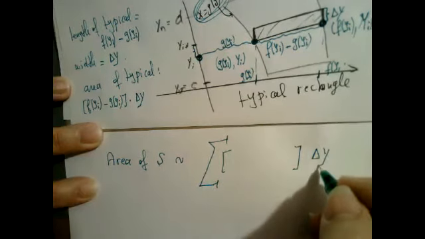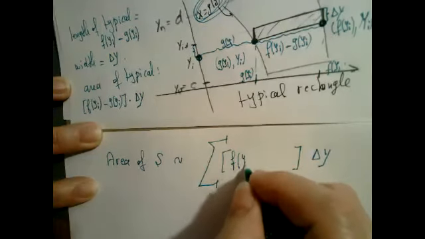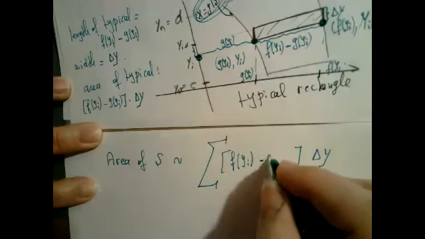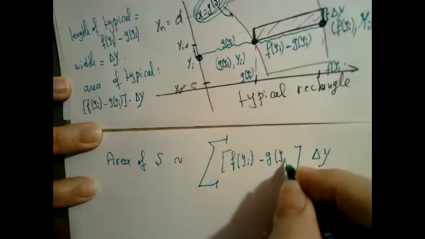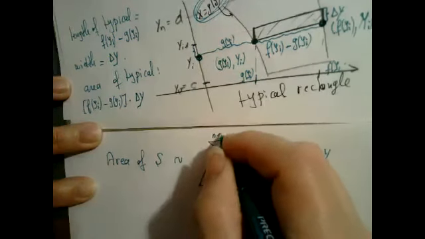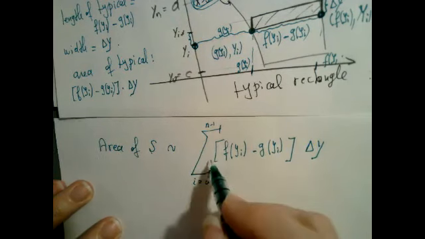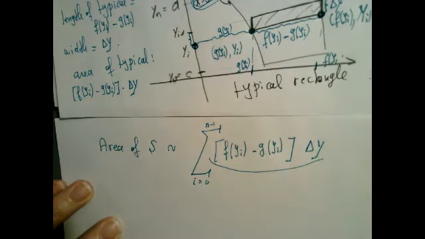It's the delta y. Watch carefully, everything is in terms of y this time, not in terms of x. So I'm totally switching scenario. So that's the area. Now this is a Riemann sum. It's a Riemann sum in y, not in x.